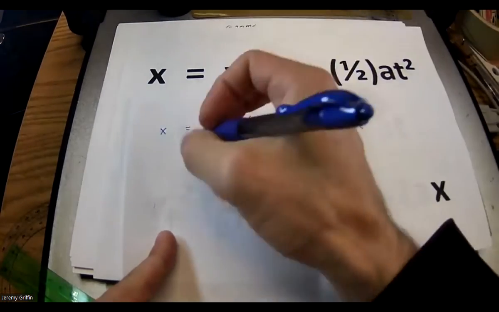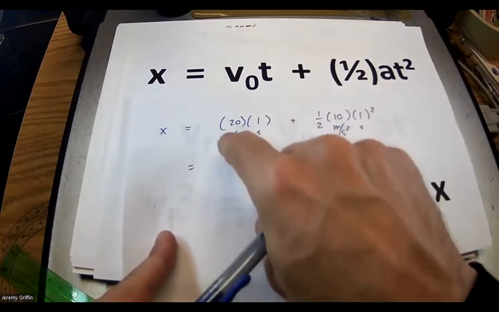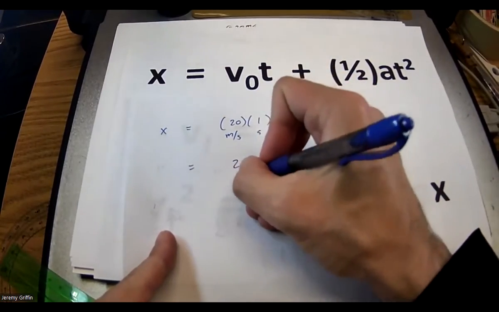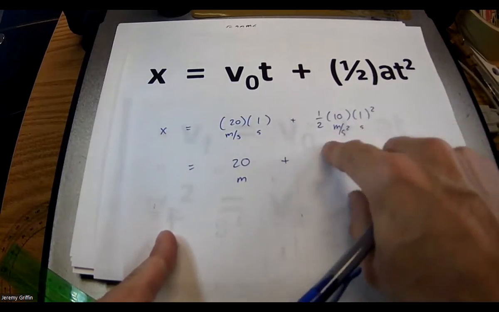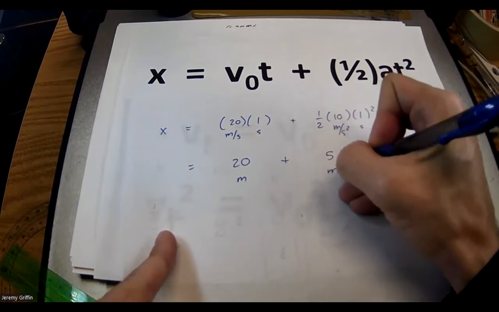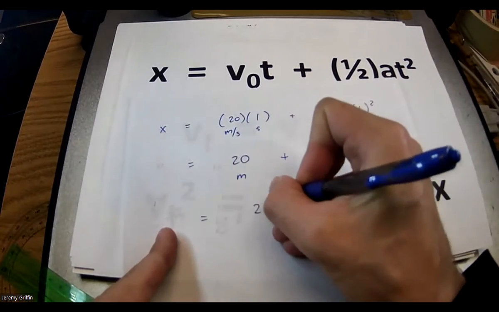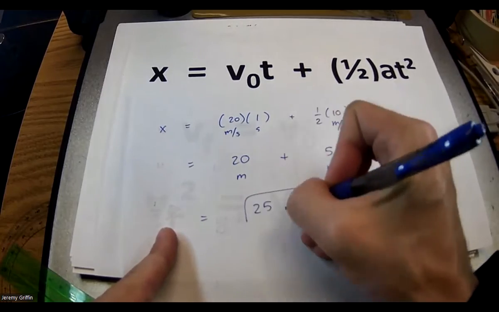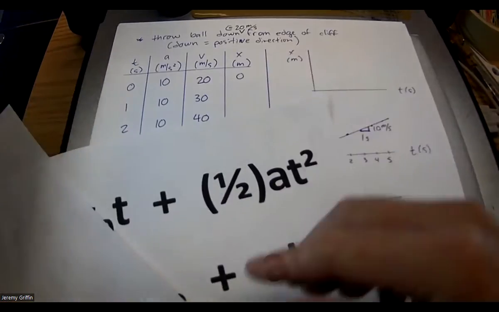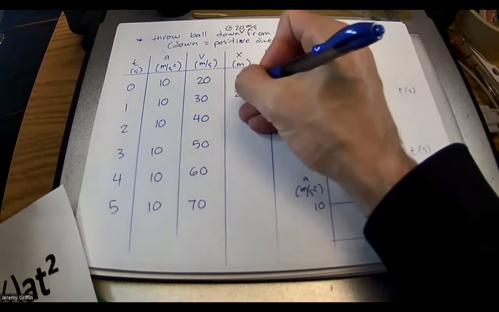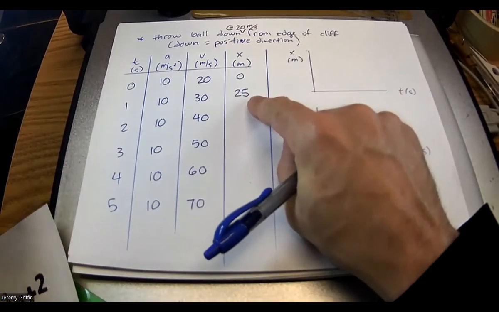So 20 meters per second times seconds is meters, plus, well, this would all be 5 meters, wouldn't it? All right, 25 meters. So at 1 second, now it's 25 meters down the face of the cliff.